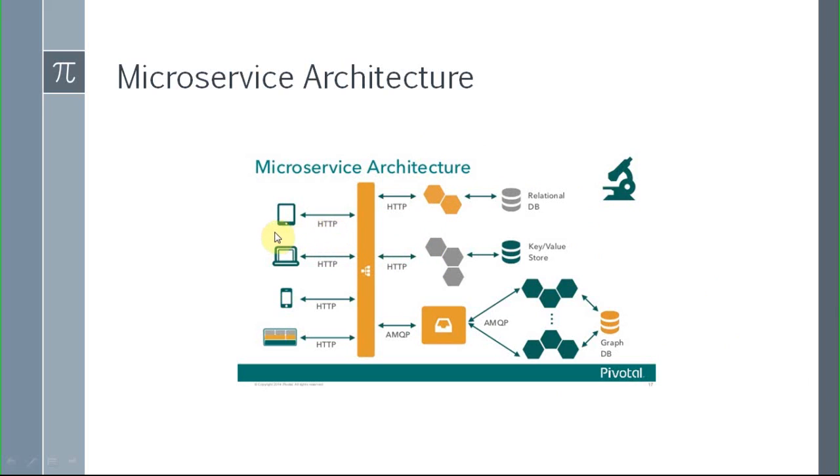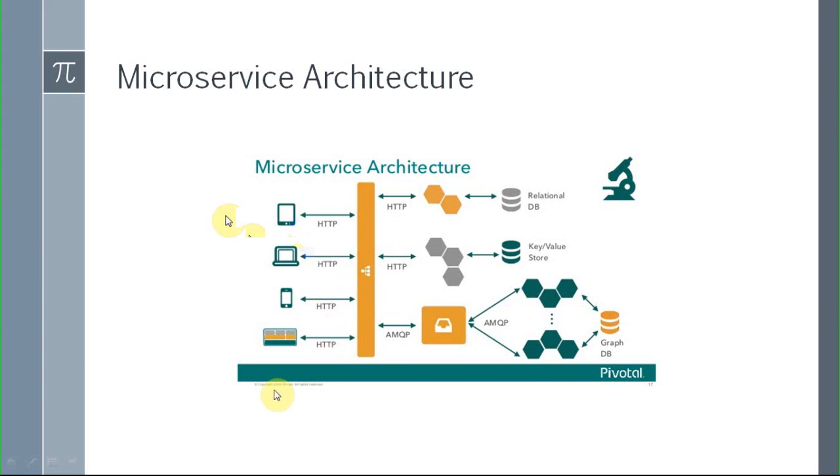We may have different kinds of clients, for example desktop applications using browsers like Firefox and Google Chrome, and mobile clients that may use the Android platform or iOS platform to communicate with our microservice environment.